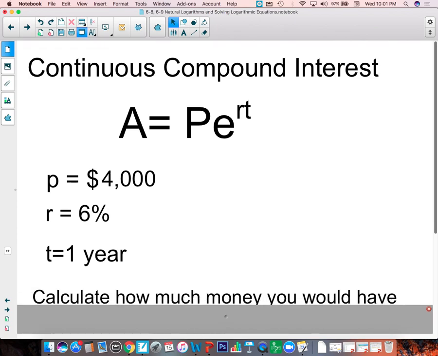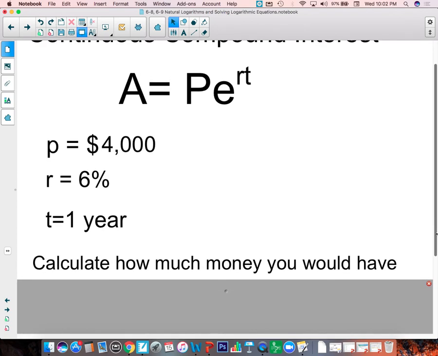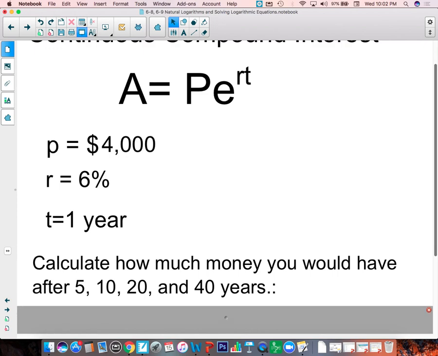Okay? So we're just going to do this example here. You're going to see actual word problems here. And we're not going to calculate all those. We're just going to do a couple of them just for practicing the calculator. So, say for this example, I'm depositing $4,000 in the bank. All right, so I know it's continuous.